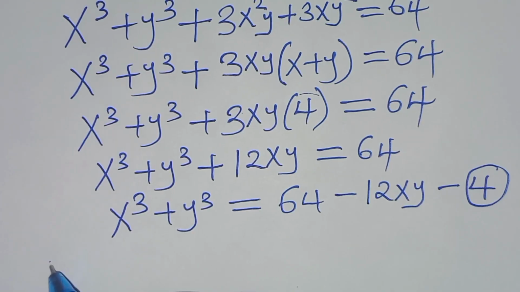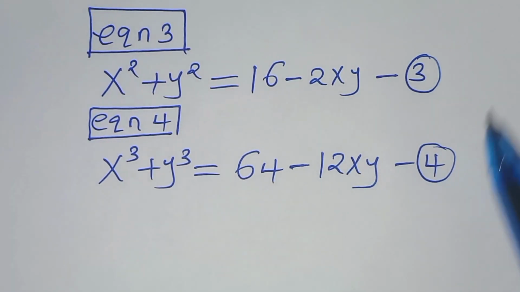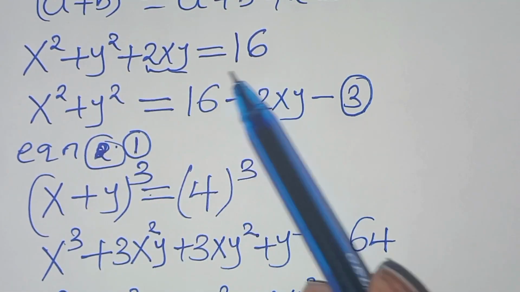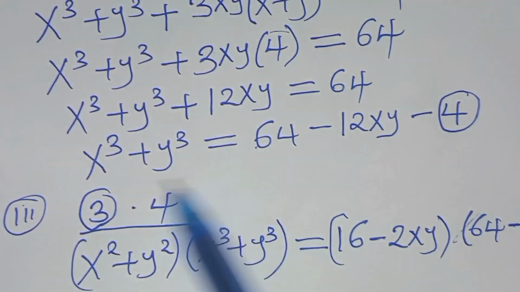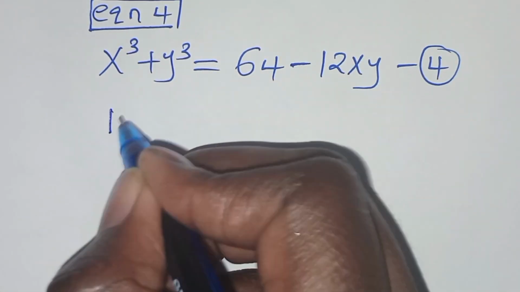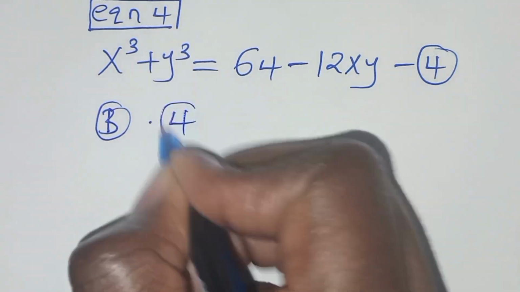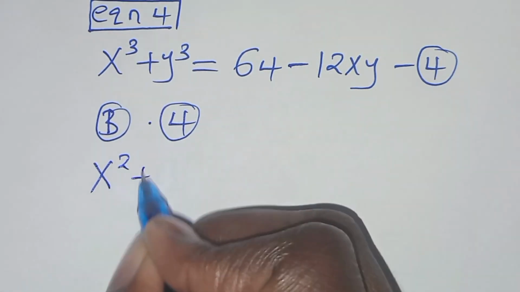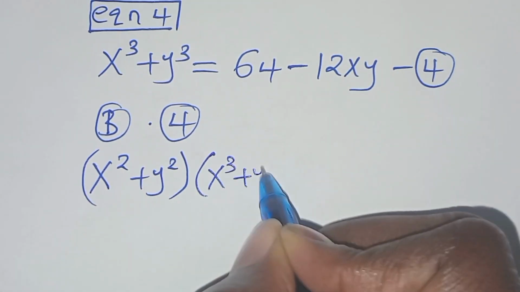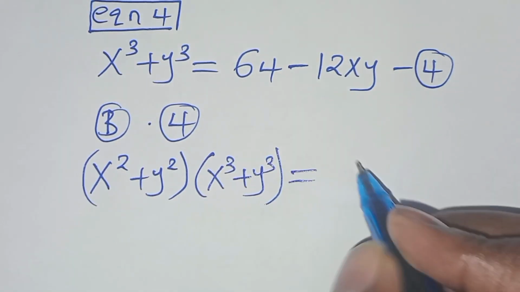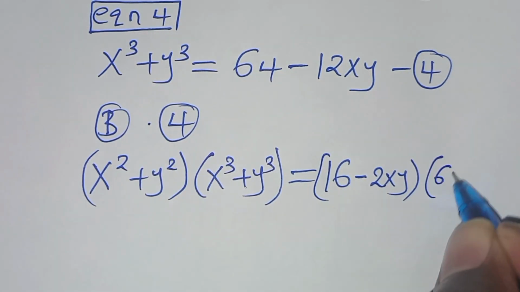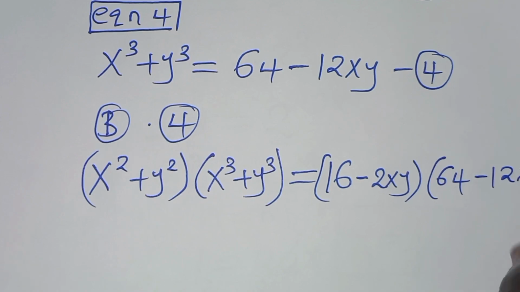Now, the third step is to multiply equation 3 and 4. Equation 3 here is x squared plus y squared equal to 16 minus 2xy, and we have equation 4 here. So let's multiply the two of them. Equation 3 times equation 4: we have x squared plus y squared multiplied by x to power 3 plus y to power 3, equal to 16 minus 2xy multiplied by 64 minus 12xy.